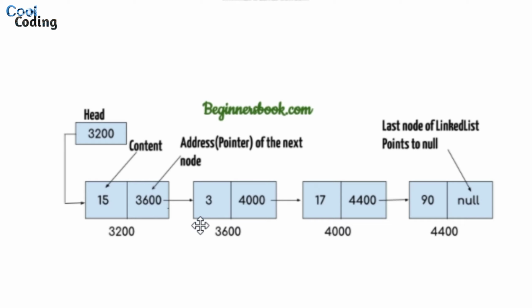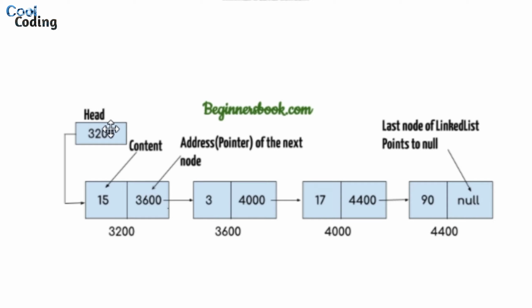To delete this 3, I will put here the address of 17, which is 4000. So I will put 4000 here, and 15 will be linked with 17, and 17 to 90, and all the elements will be linked this way.